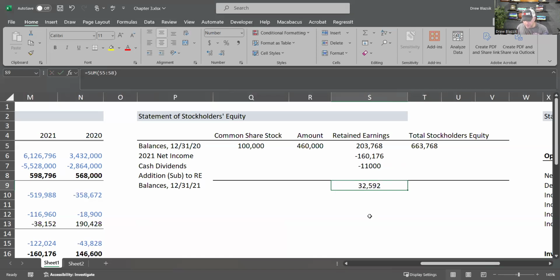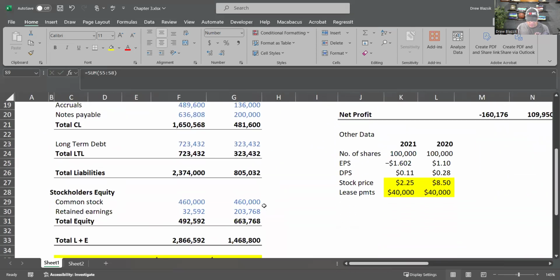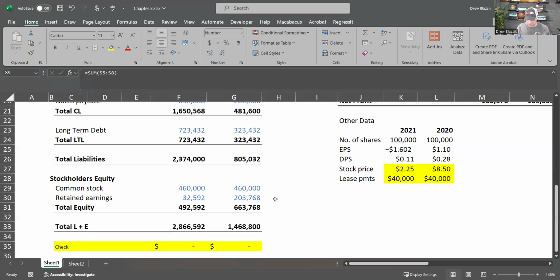Now, just to make sure we did it correctly, that's 32,592. Where can we find that? Well, that's going to be found in the balance sheet, retained earnings. So what I could do here, I'm going to go right here. I'm going to hit 2020 minus 21. Well, I know, I'm sorry. I don't want to do 20.